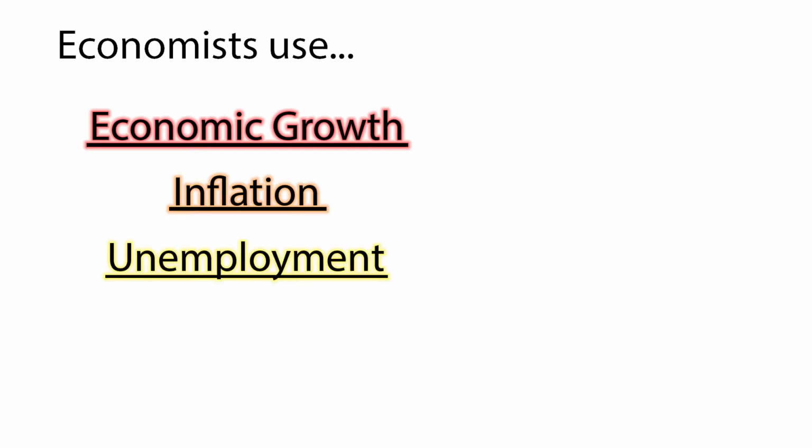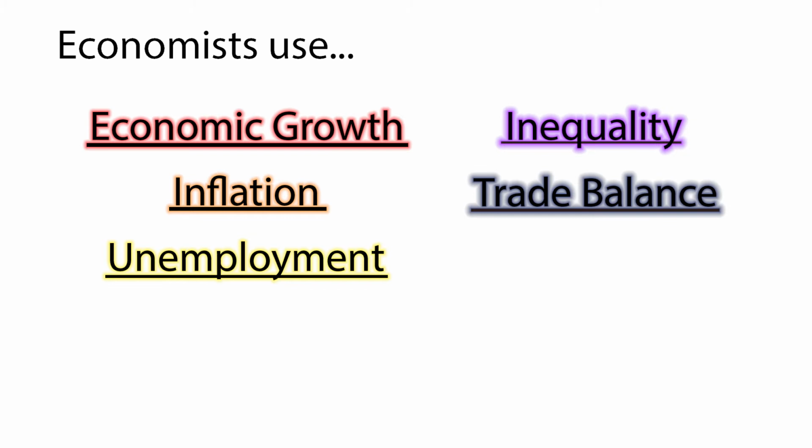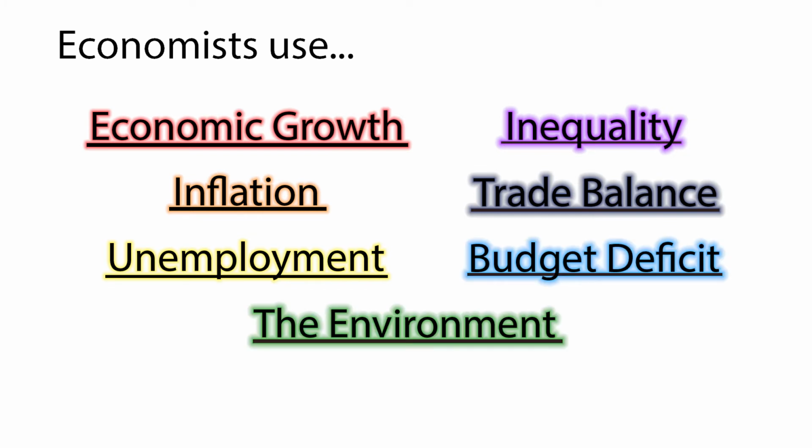In a very similar way, us economists use the macro objectives to measure just how healthy the economy is. We use measurements: economic growth, inflation, unemployment, inequality, the trade balance, budget deficit, and the environment in order to assess how the economy is performing and how healthy the economy is doing.